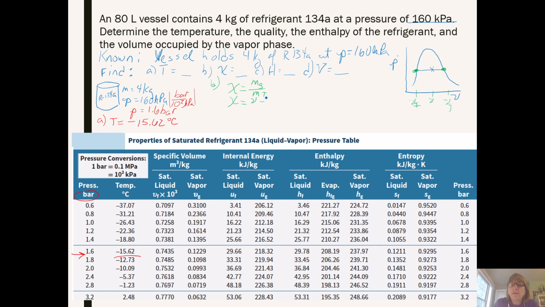So the quality is the specific volume minus the specific volume of our saturated liquid, over the saturated vapor minus the saturated liquid. So we need these values here.